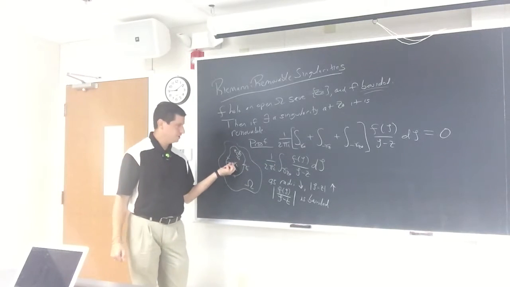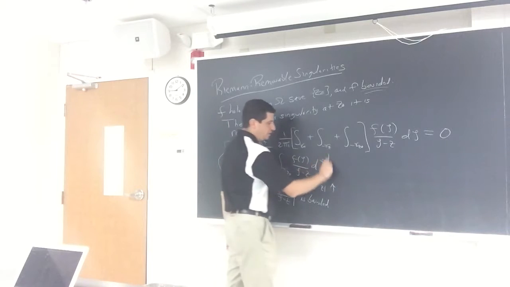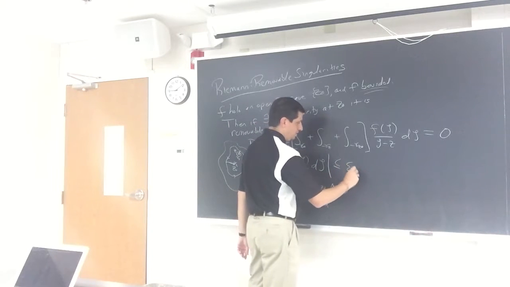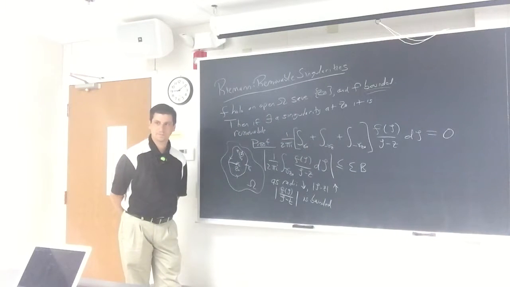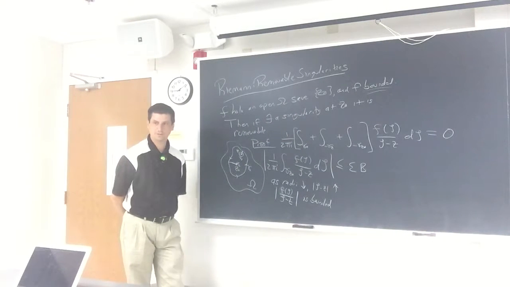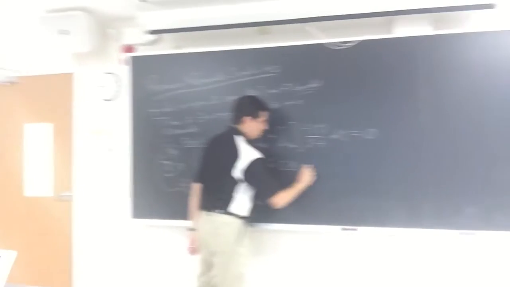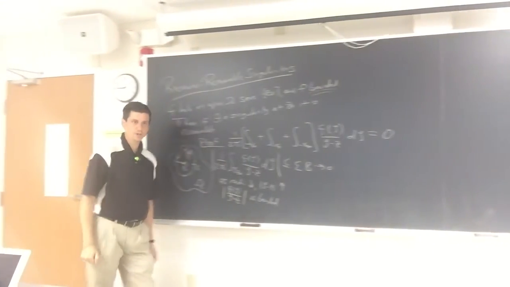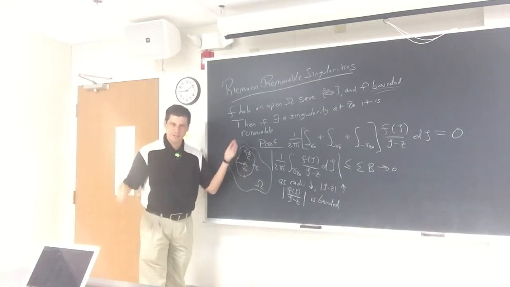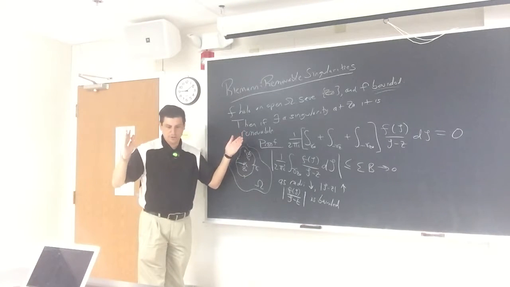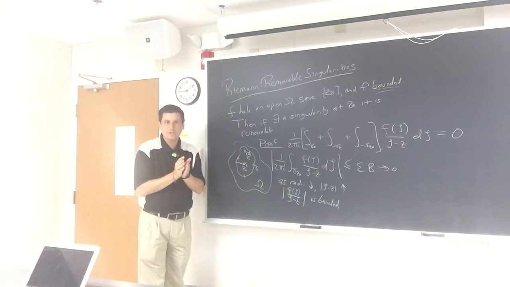So if this is a circle of radius epsilon, this will be less than or equal to epsilon times some bounded number. So this is going to go to 0. Because the function is bounded, the integrand is bounded, the integral is just going to be perimeter times the bound, which is going to go to 0.